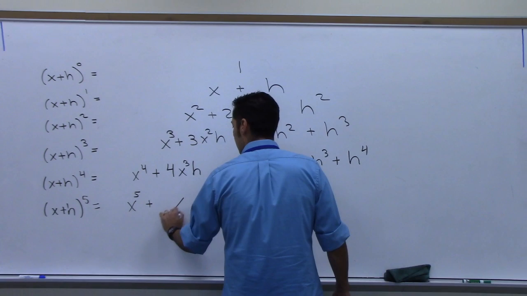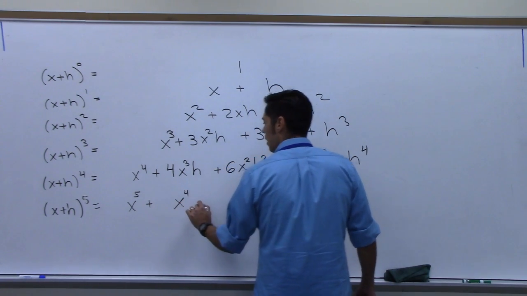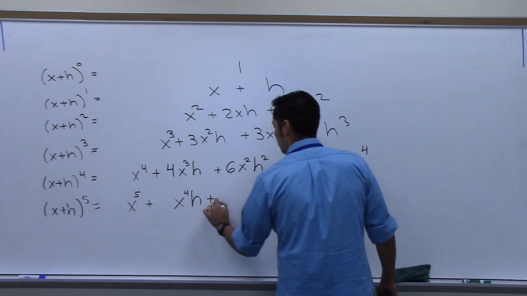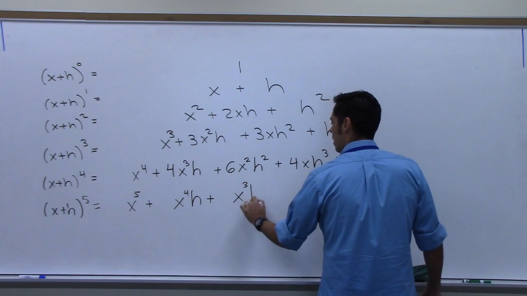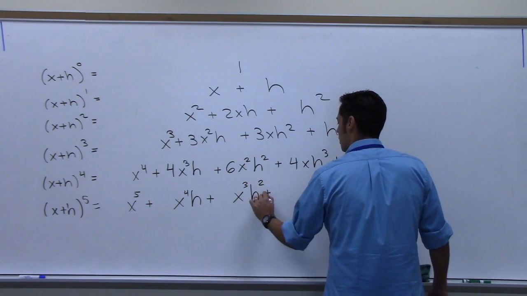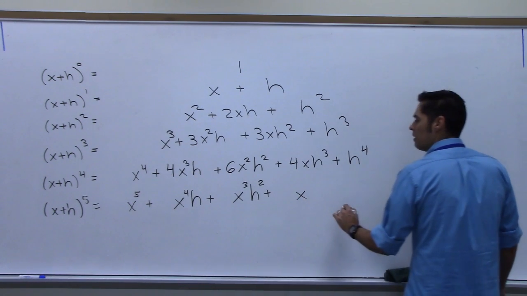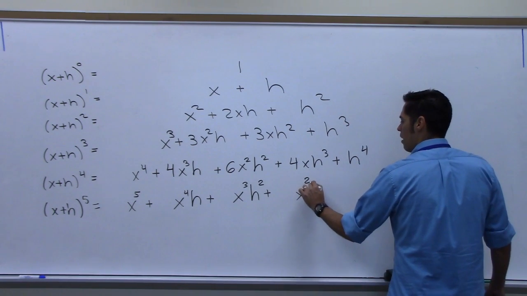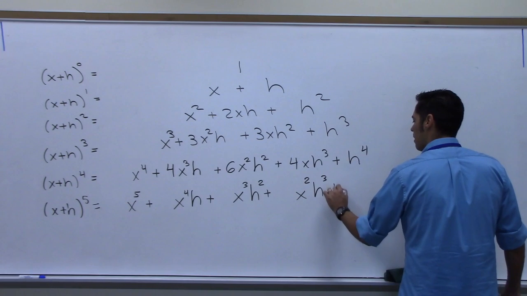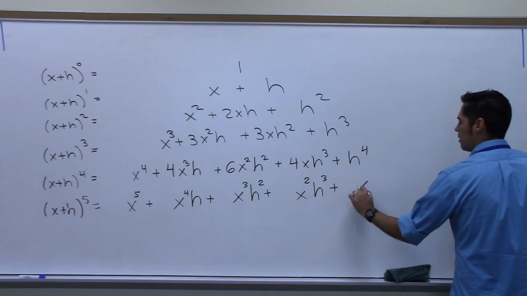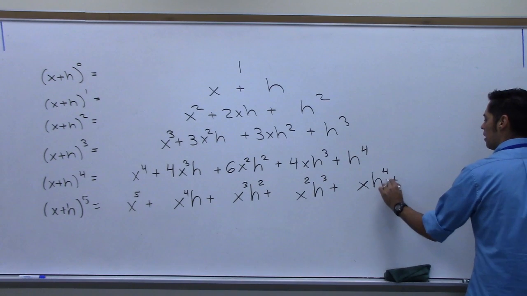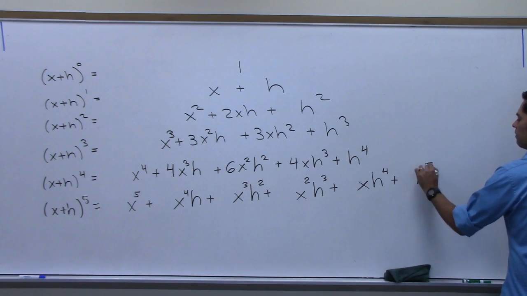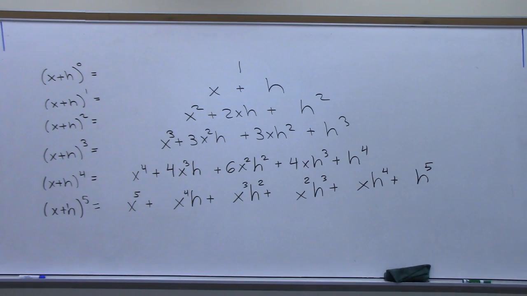The variable would be x to the fourth h, and then plus x cubed h squared, and then plus x squared h cubed, and then plus x to the first power h to the fourth, and then h to the fifth. Yeah, that'd be correct. The only thing left for you to do would be to determine the numbers.